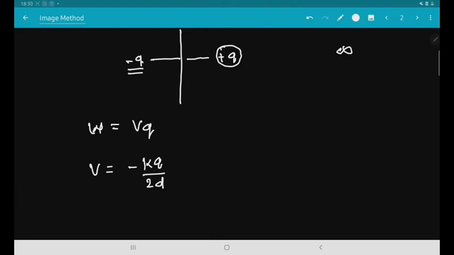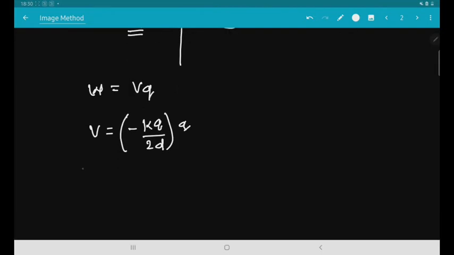And the charge which we are going to multiply is the positive charge q. So work done will be minus k, let me write that value, 4 pi epsilon naught into 2d. Now we have both the q's, it will be q square.